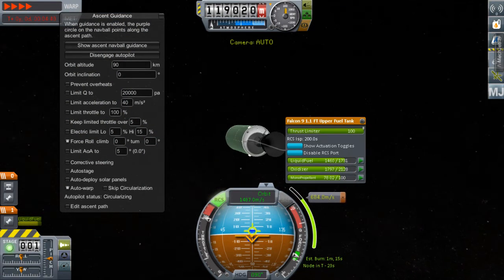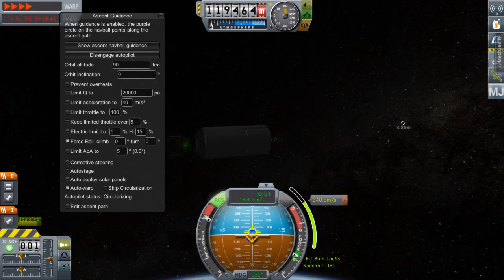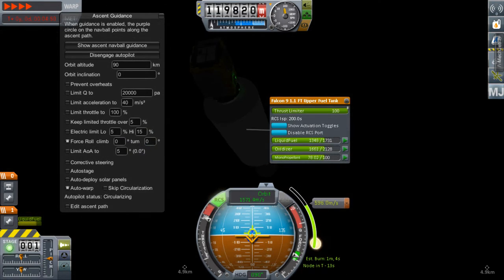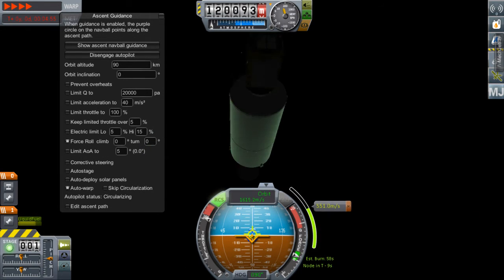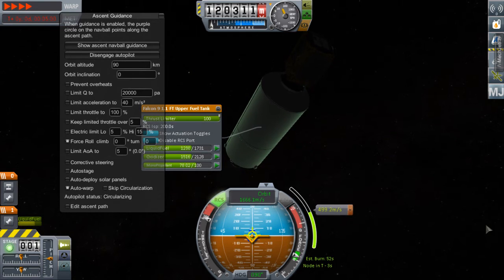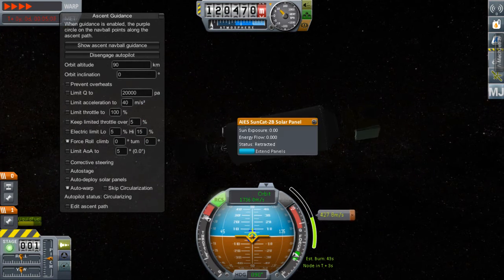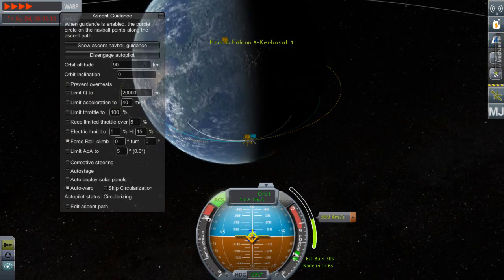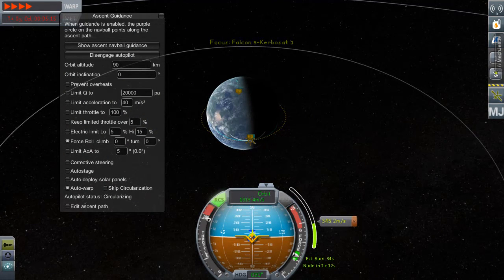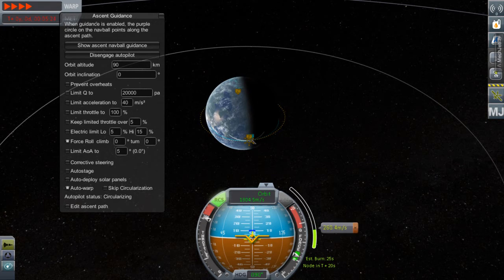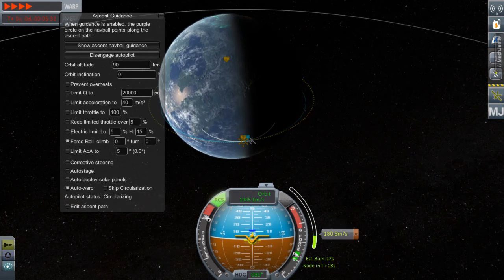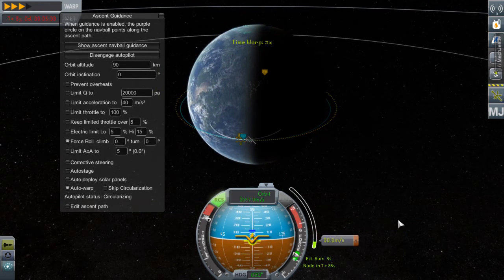Normally a Falcon 9 mission to GTO would use 2 burns, but burn continues as expected. Standing by for insertion.